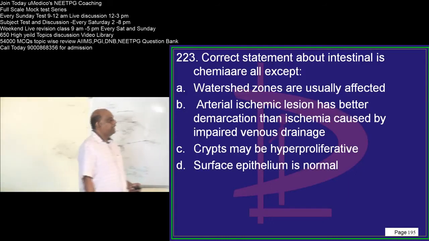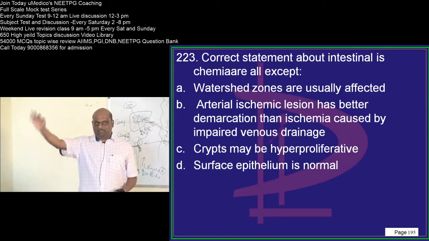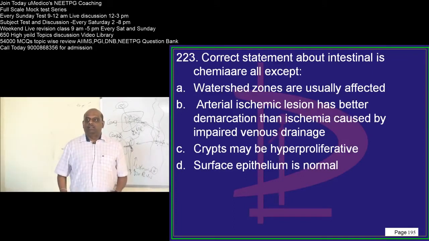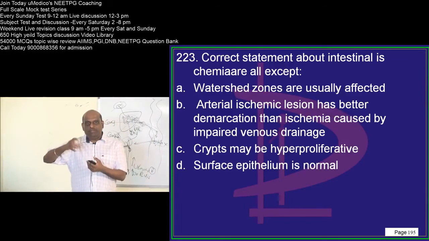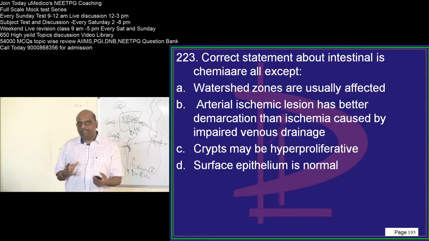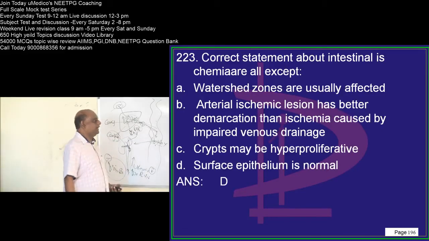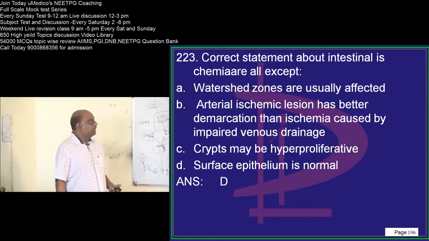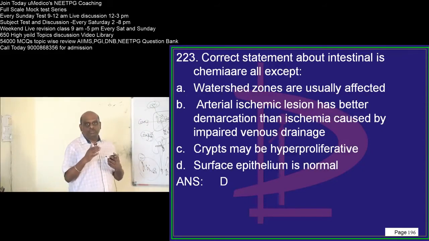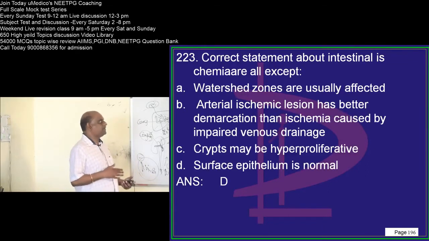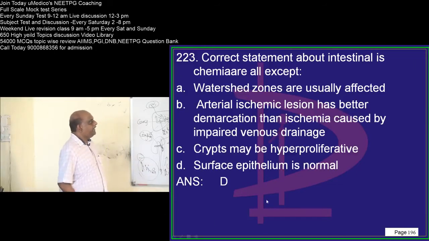Now, intestinal ischemia: wherever the blood flow is affected, or if there is atherosclerosis involving the small blood vessels supplying the mesentery, then intestinal ischemia can occur. The watershed zones between the middle colic and left colic are the ones which are affected, and crypts can become hyperproliferative.